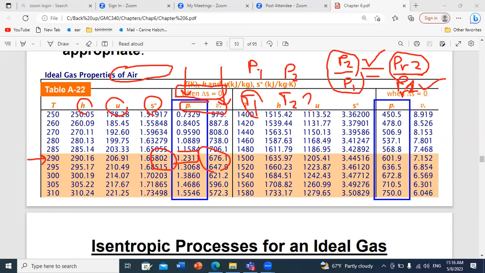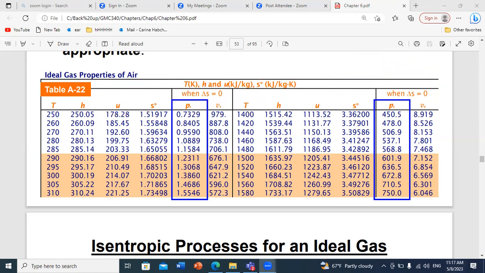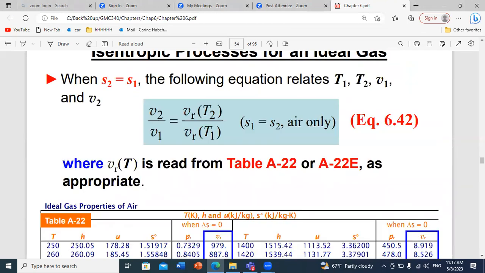Now we'll do an example. Always, when you have an isentropic case for air, you should think about using this formula to get your unknown. Example. Just before the example, you can do the same if you have the specific volumes, because you have not only values for reference pressure, you also have values for reference specific volume.